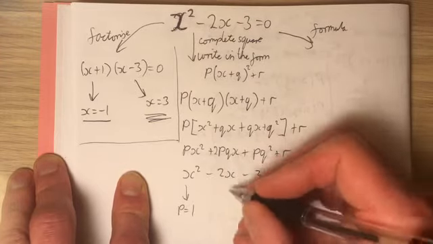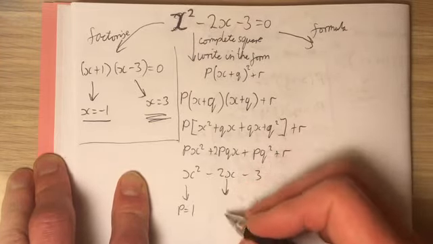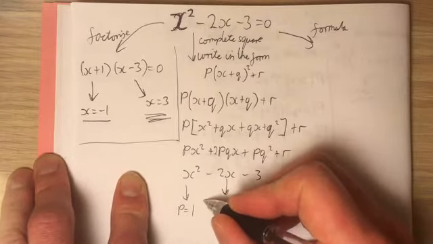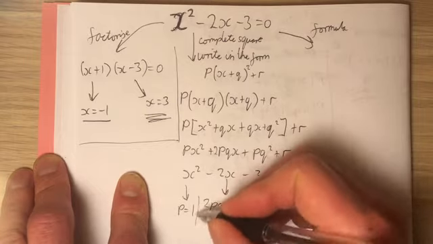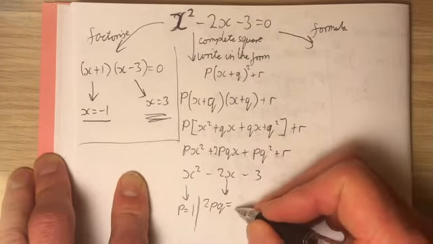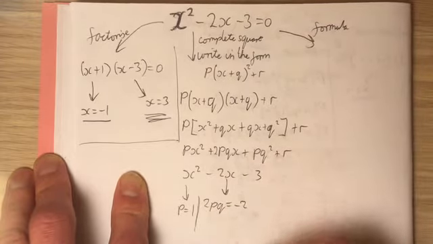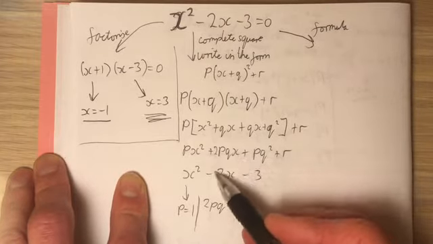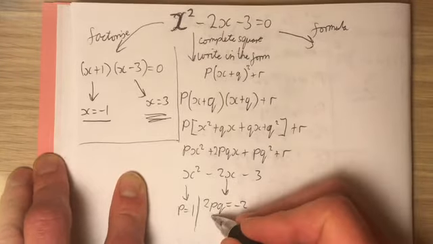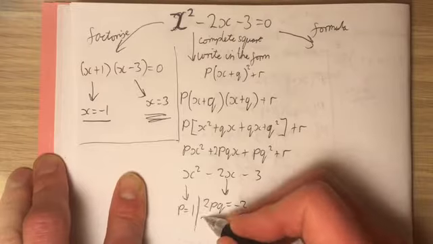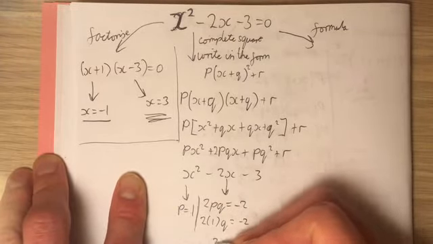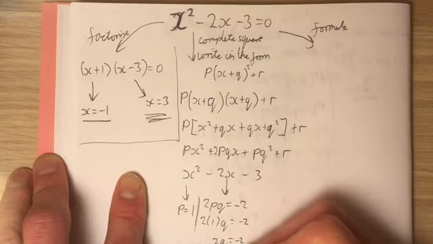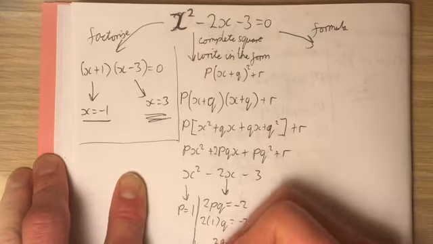So basically, from here I can tell you that 2pq is going to have to equal the same thing as negative 2. Otherwise, the x numbers can't match. Now I know p is already worth 1, so I've got 2 times 1 times q is negative 2, so 2q is negative 2, q is going to be negative 1.